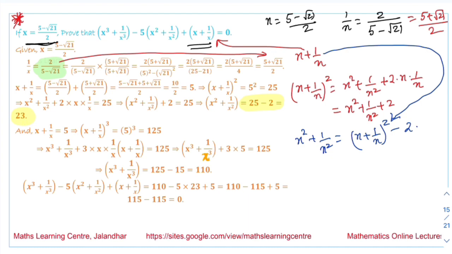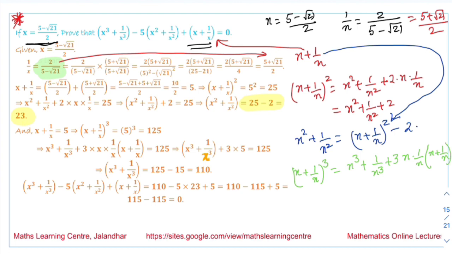In the next part, what we have to do is calculate the value of x cube plus 1 by x cube. For that we are using the formula for cube: x plus 1 by x whole cube is x cube plus 1 by x cube plus 3 times x into 1 by x into x plus 1 by x.